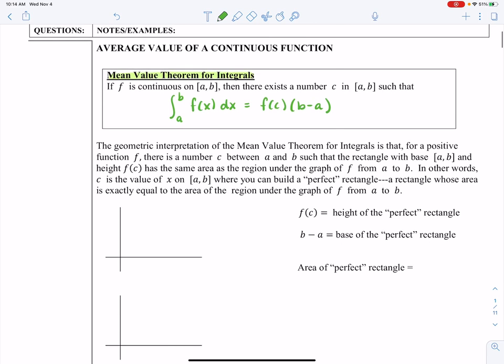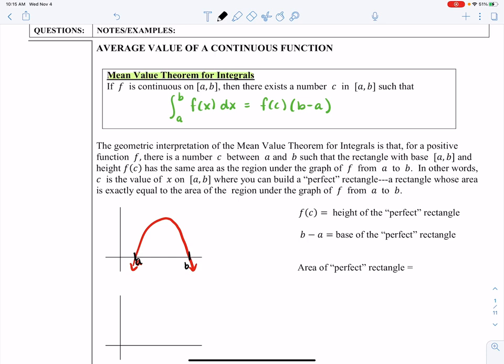So let's start with a pretty easy function, and let's let that function be a quadratic function, okay? And let's say here's our interval, a and b, and what I want to know is what is the average value of this function, the y value, on this interval from a to b.